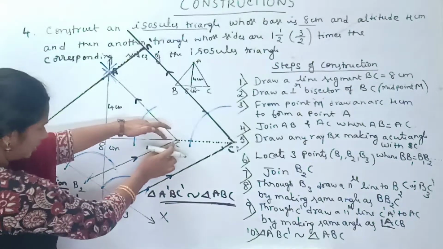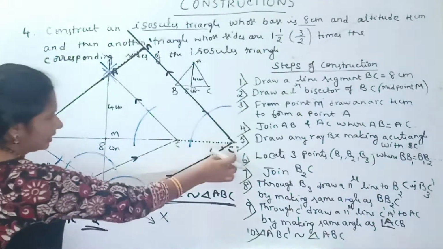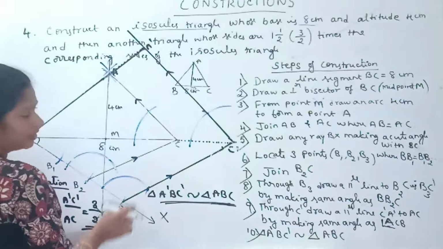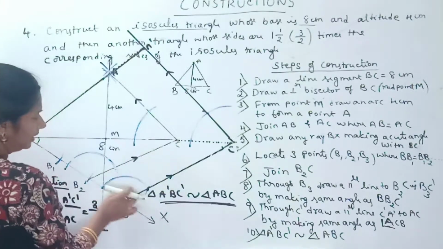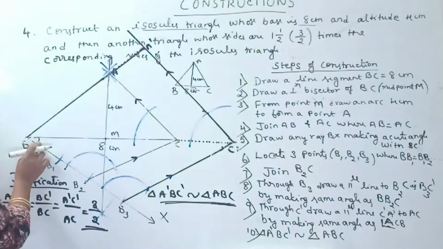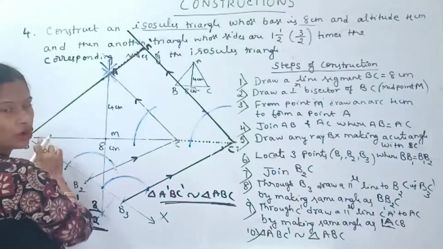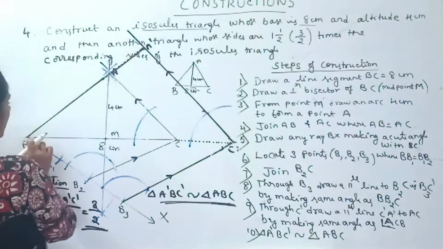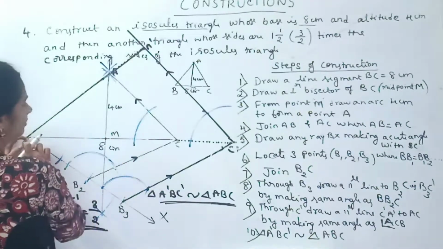Now by construction, CB2 is parallel to C dash B3. If these two lines are parallel, then their corresponding angles are equal. And angle B equal to angle B is a common angle. So these two triangles are similar.